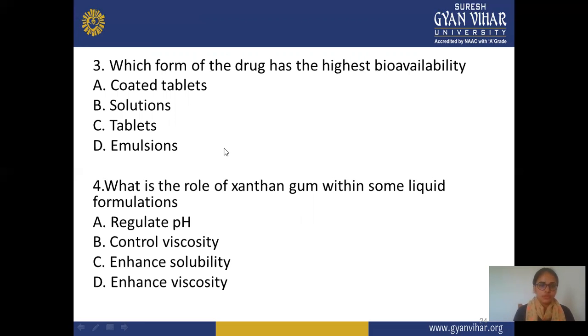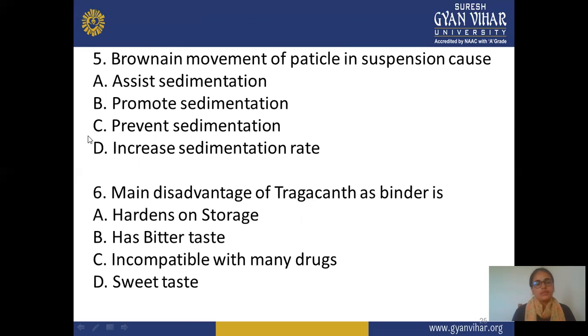And the fourth question: what is the role of xanthan gum within a liquid formulation? A option is regulate pH, B is control viscosity, C is enhance solubility, and D is enhance viscosity. Next, fifth question: Brownian movement of particles in a suspension causes: A, assist sedimentation; B, promote sedimentation; C, prevent sedimentation; D, increase sedimentation rate.